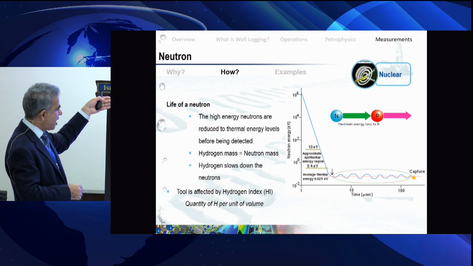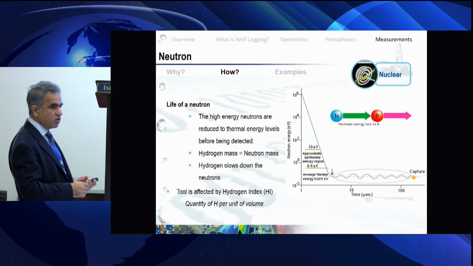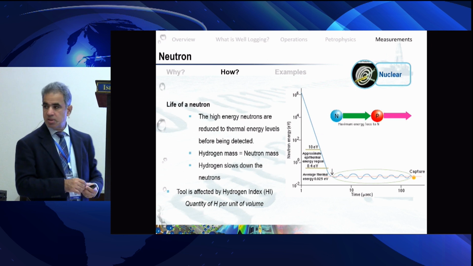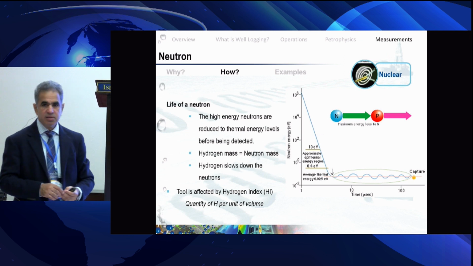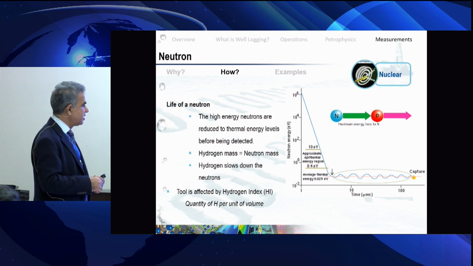So early is very high energy. This we call the epithermal range. The next level, below 0.4 electron volt, is called the thermal range. And then towards the end, with different types of collisions, they get captured, and they basically leave gamma rays out of it.